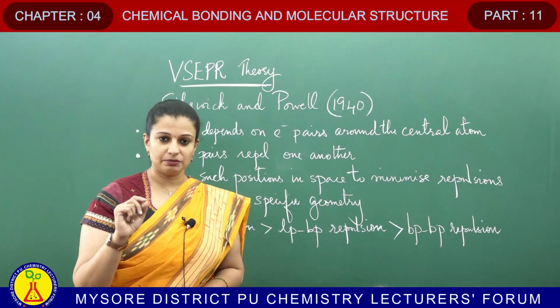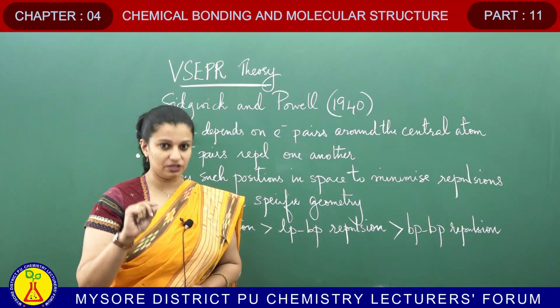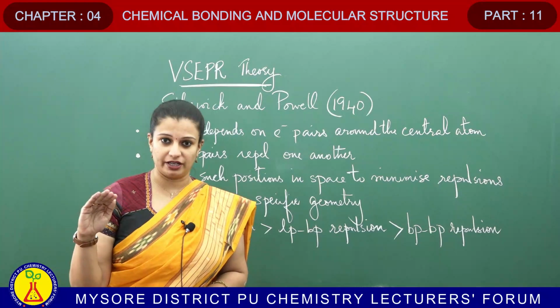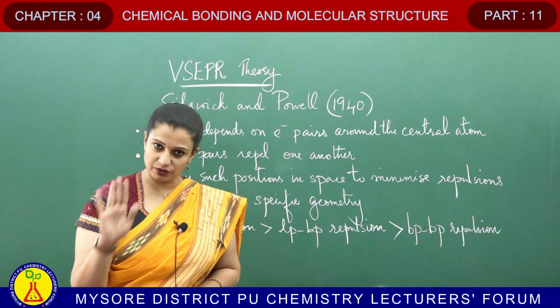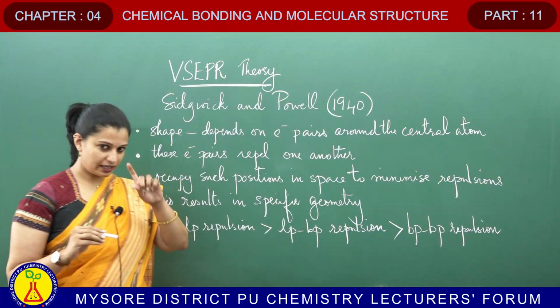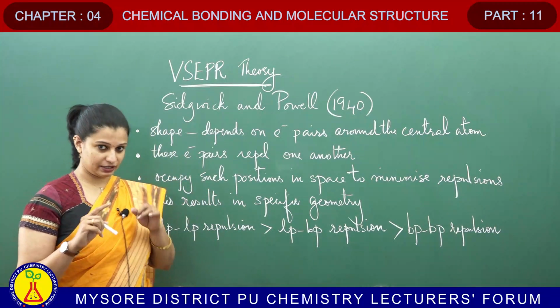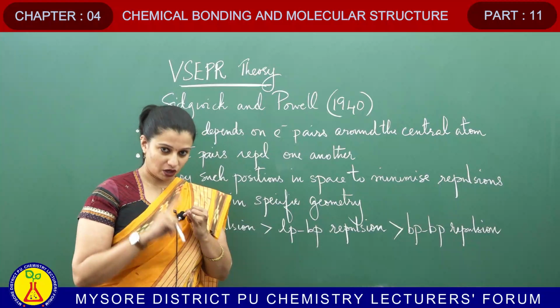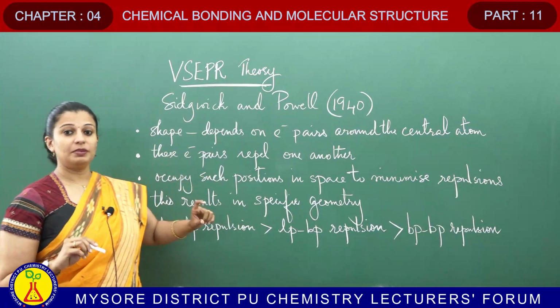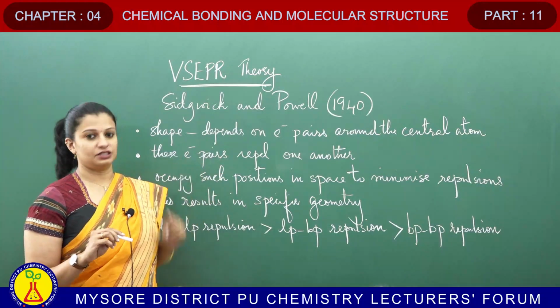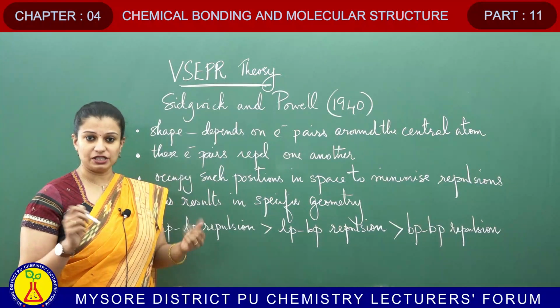Now you should remember bond pairs are the electrons which are involved in bonding, whereas lone pairs are the electrons which have not been used for bonding. So in the valence shell there could be bond pairs as well as lone pairs. Now these electron pairs will repel each other obviously because they are of the same charge.